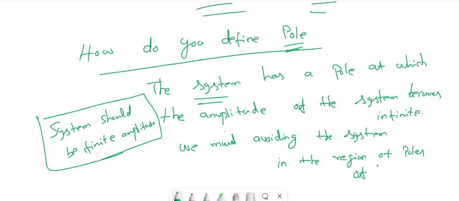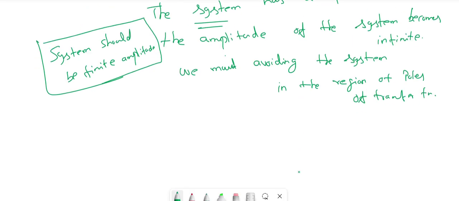You know what a transfer function is. Normally it is H(s). Consider an LTI discrete-time system.